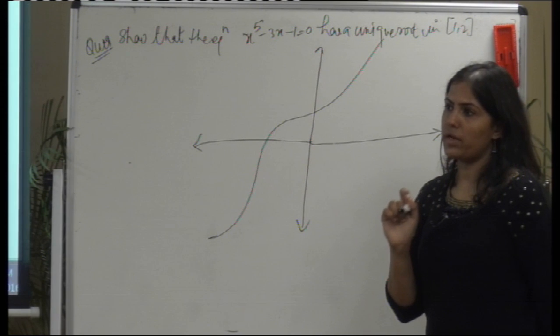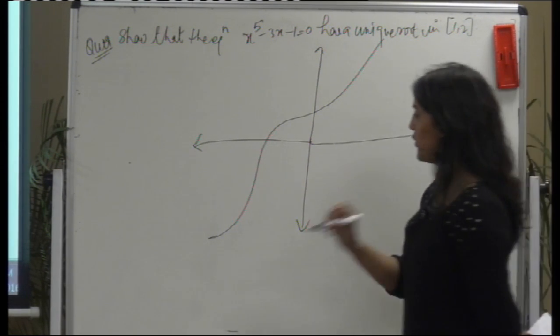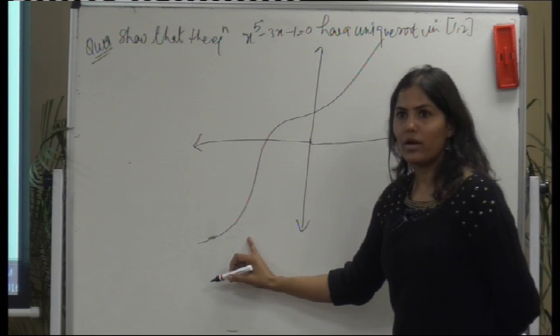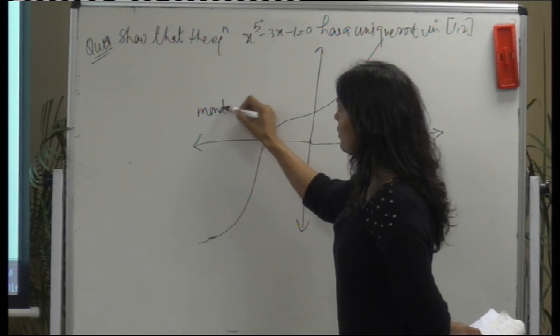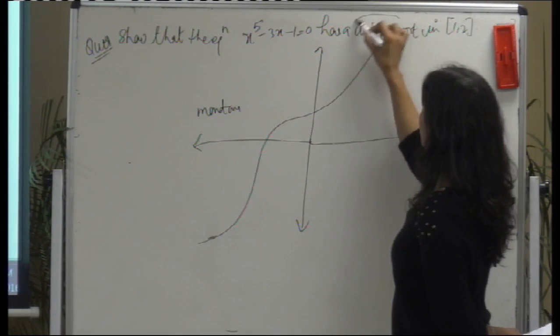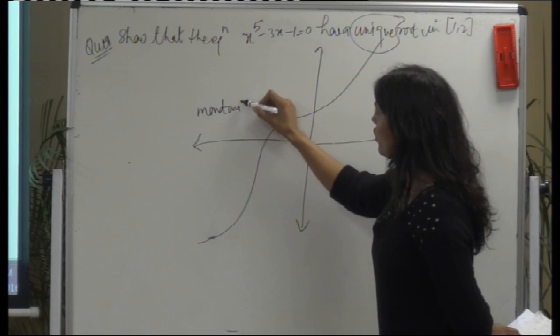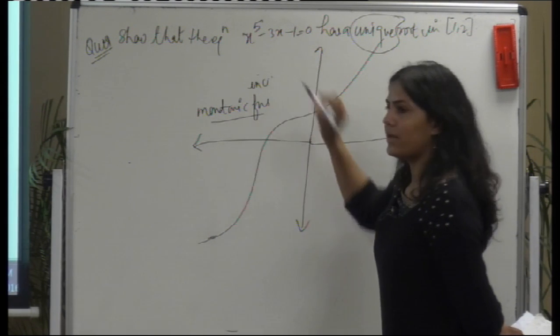I am taking only monotonic; x to the power 4 function was not monotonic. So this is the function. This is monotonic. All agree? If you have a monotonic function, because uniqueness we have to discuss. So I am taking a monotonic function, and this is basically increasing.